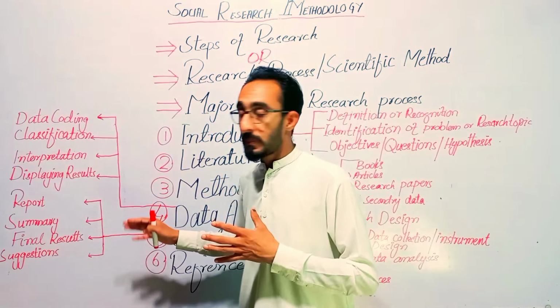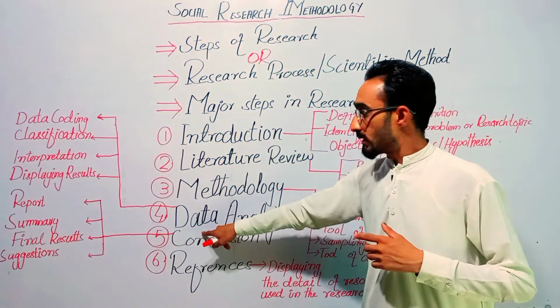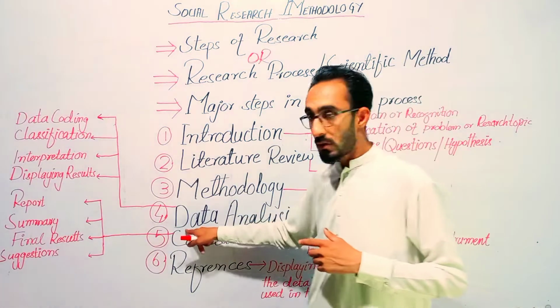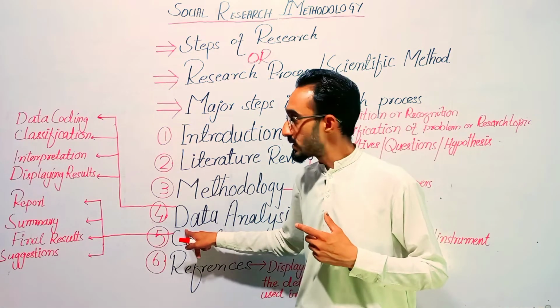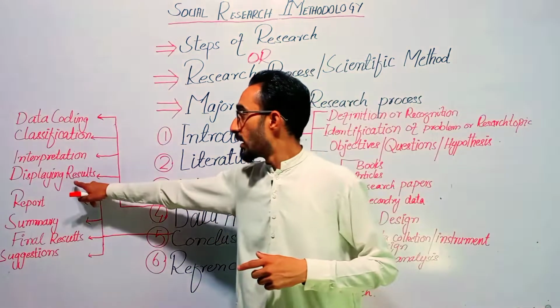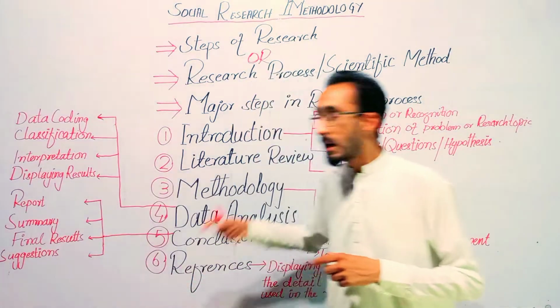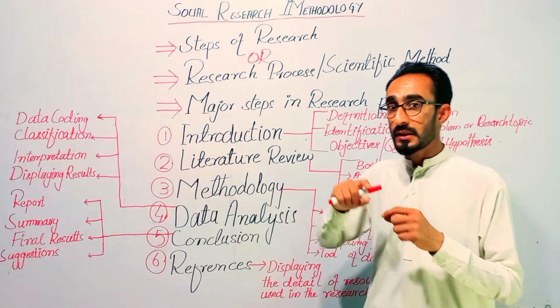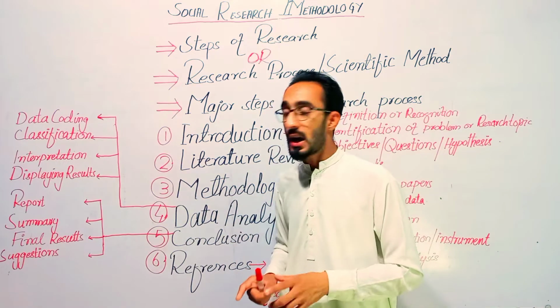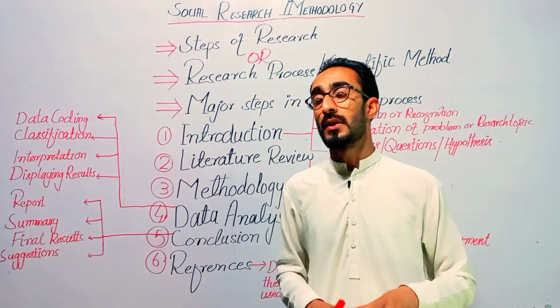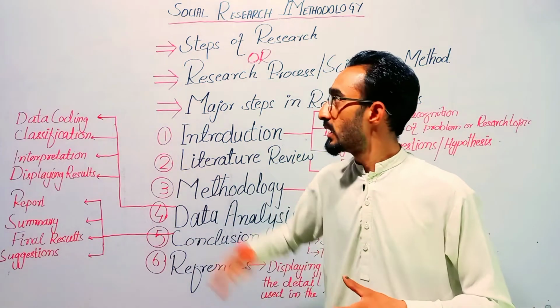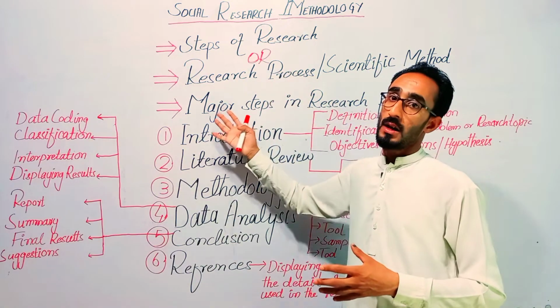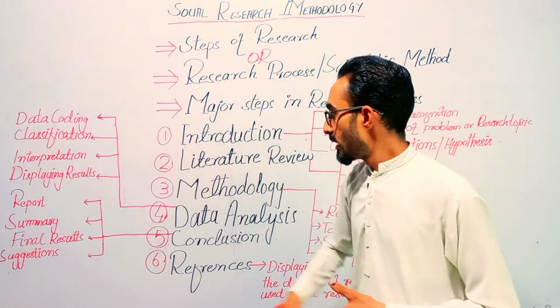Then in chapter 5, or step 5 of the research process, from these results we derive conclusions, or we write the overall report, or we display the final results or the final decision regarding a particular problem or research topic.